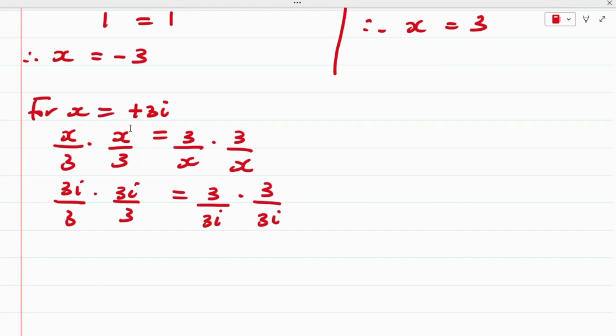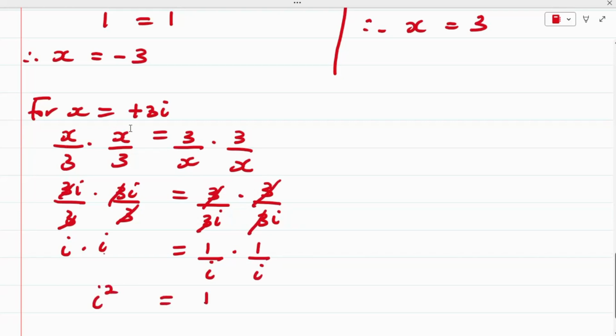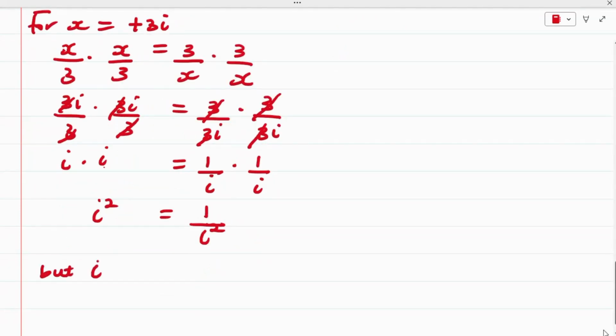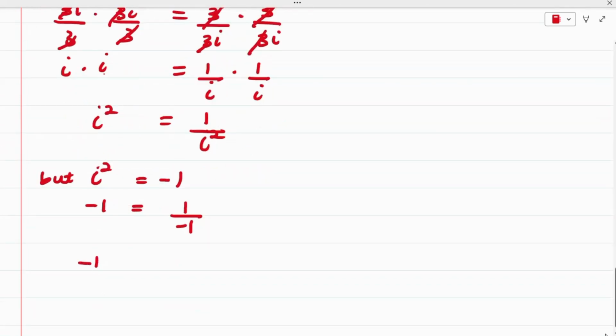Okay, so this cancels out this, we have i multiplied by this, cancel out this, we have i, is equal to this, cancel out this, 1 over i, multiplied by this, cancel out this, 1 over i multiplied by i is i squared, which is equal to 1 over i multiplied by i, which is i squared, but we know that i squared is equal to -1, so we have -1 is equal to 1 over -1, and we have -1 is equal to -1, so left hand side is equal to right hand side, so therefore x is equal to plus 3i.